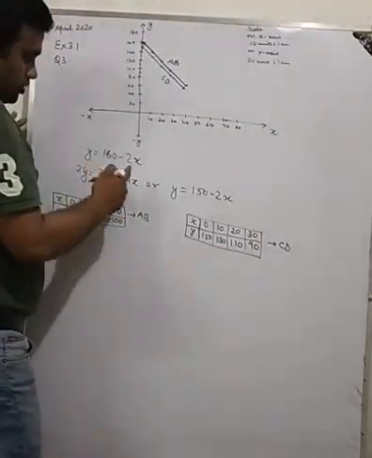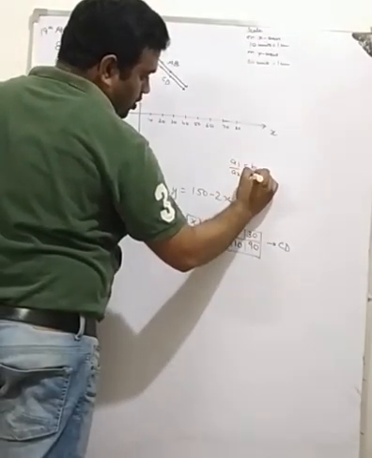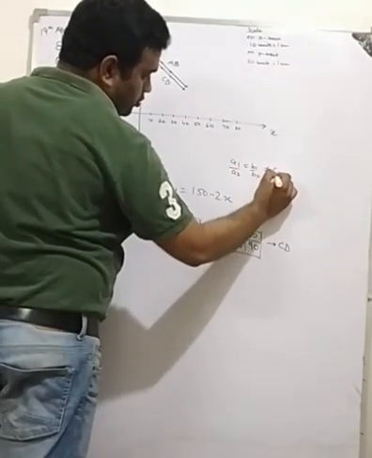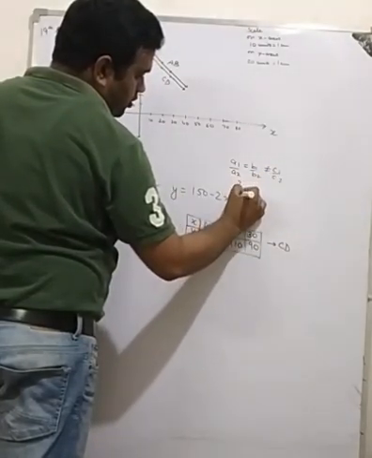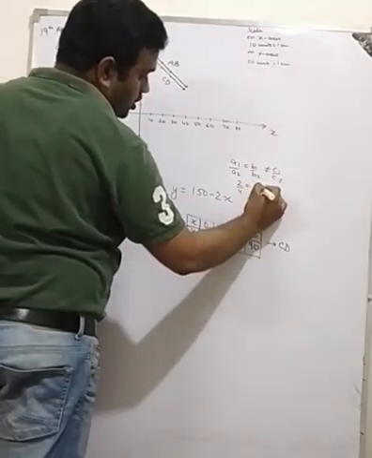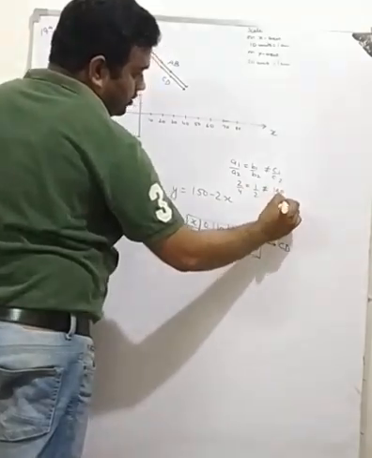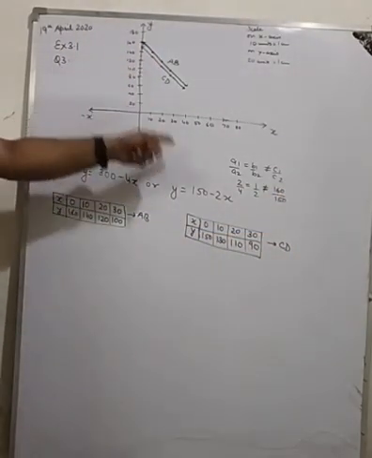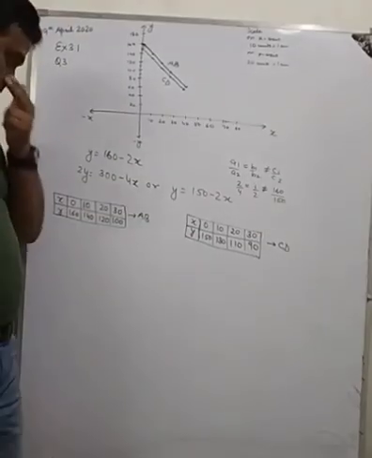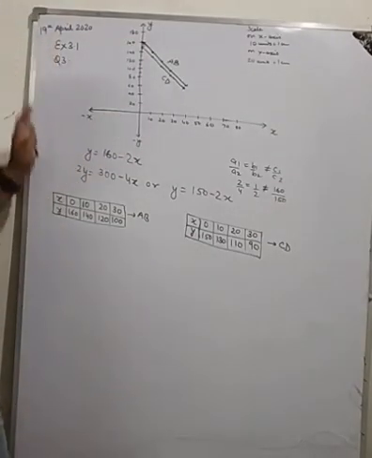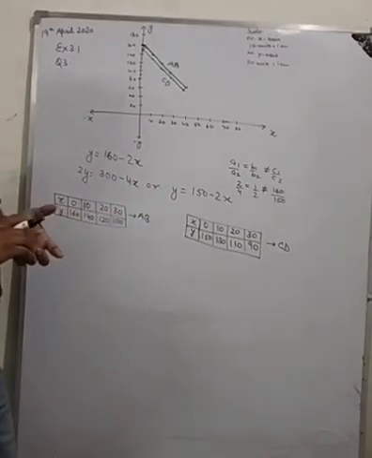Here A1 upon A2 equal to B1 upon B2, not equal to C1 upon C2. That is 2 by 4 is equal to 1 by 2 is not equal to 160 by 150. So that is why the lines coming are parallel in nature. So this is all about question number 3, exercise 3.1.